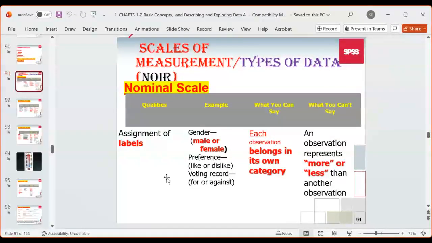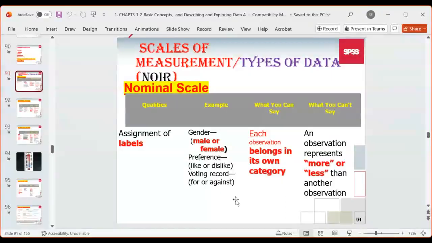nominal is at the bottom of the barrel in terms of measurement. Some people believe it's not even a scale of measurement. They're like labels, names. But again, we have them. For example, numbers on jerseys, football players, basketball players, that's nominal, even though it's a number.